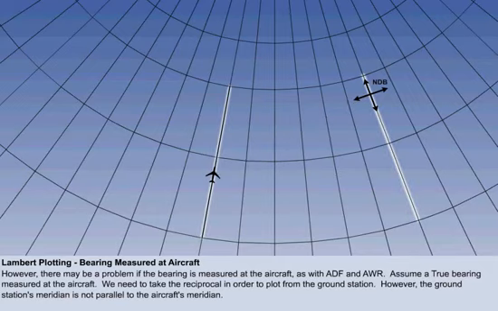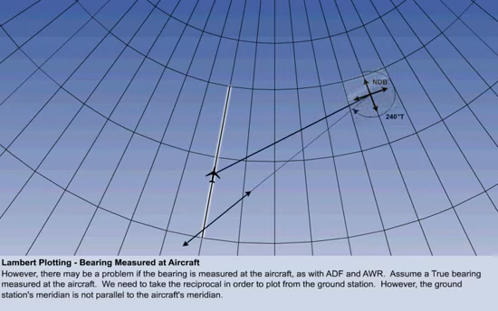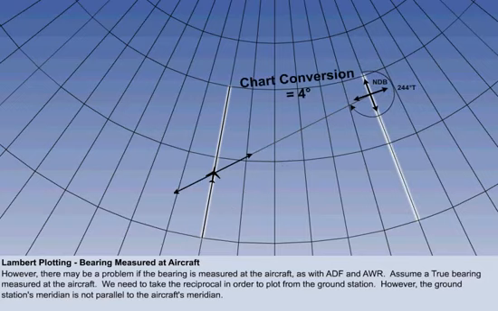However, we will be putting our protractor down at the ground station position. The ground station's meridian is not parallel to the aircraft's meridian. If we simply plot the reciprocal from the local true meridian at the NDB, the bearing will be in error by the amount of chart convergence between the two positions. We could calculate the convergence between the two meridians and add it to our angle to plot.